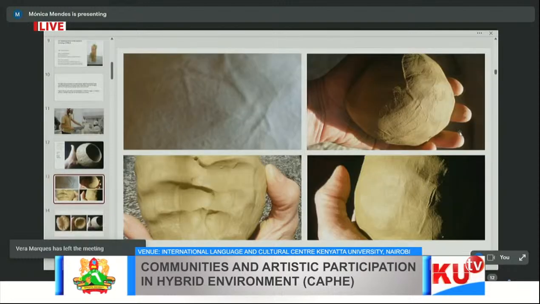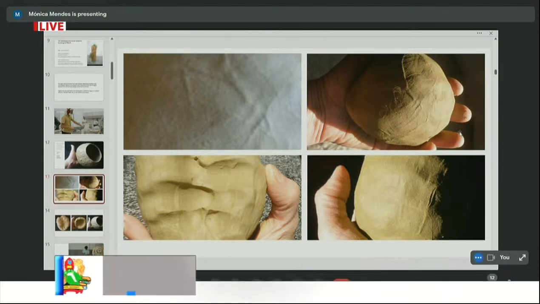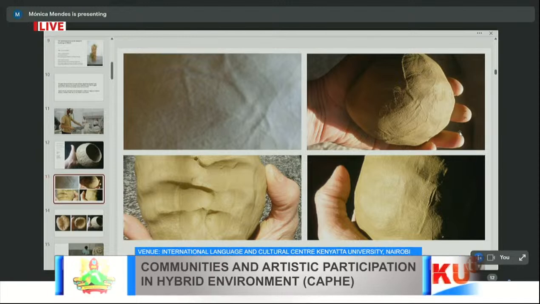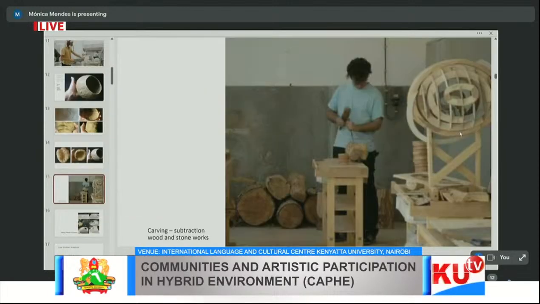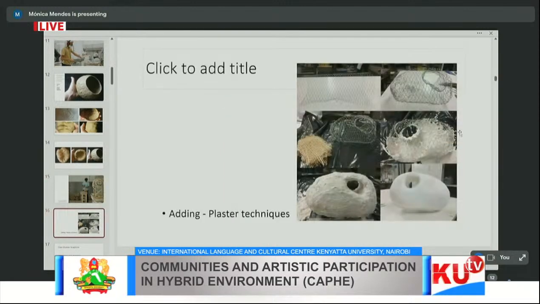Touch is very important, as we cannot dismiss this multisensorial approach when creating. With regard to clay, for instance, we also have carving with wood and stoneworks, and also the adding process with, for instance, plaster techniques.